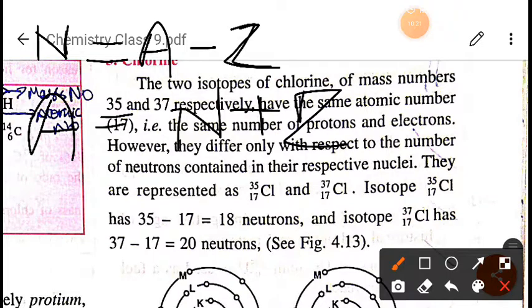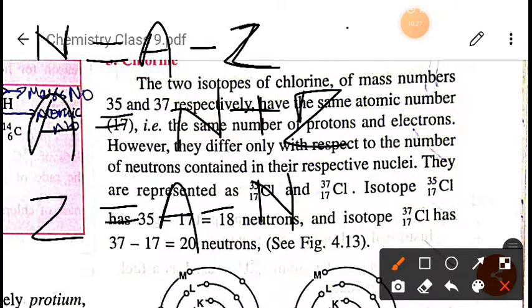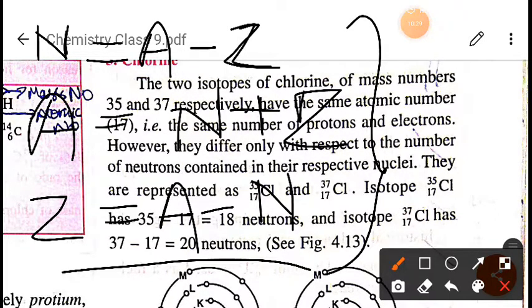And if you want to find the atomic number, it is atomic mass minus neutrons. So these are the three basic formulas which will help you in finding the atomic mass, atomic number, or neutrons. I hope you have understood this.